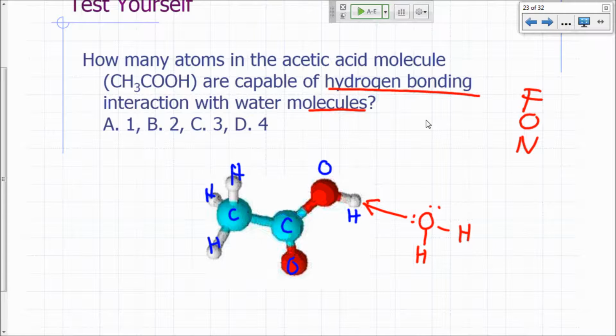Is there any other atom here that's capable of hydrogen bonding interaction? I'll give you another one. Remember your oxygen has two lone pairs, right? Well, what if there's a neighboring water molecule? Remember in a water molecule, your hydrogen is attached to an oxygen, right? So that can be a hydrogen bonding interaction right there.